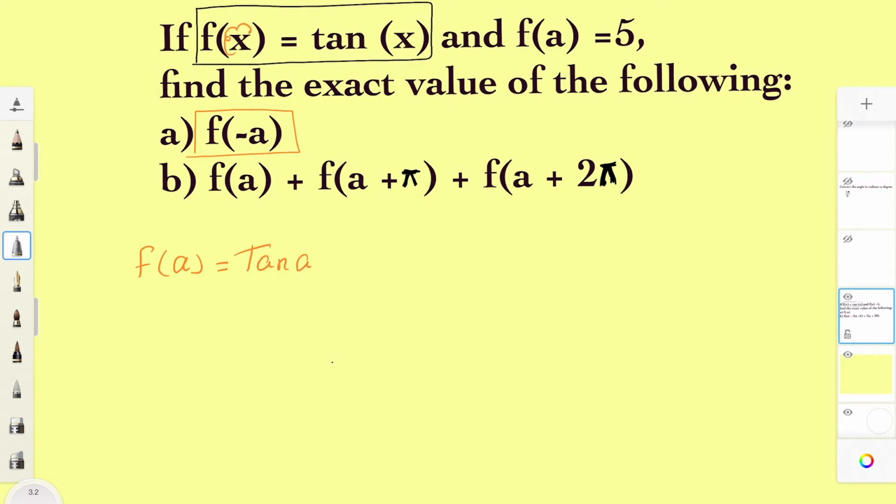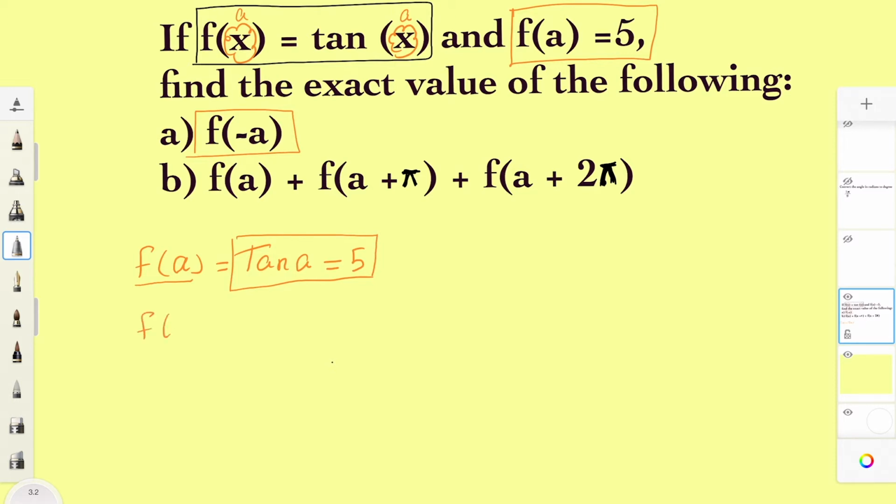Here we have x; if I change this one to a, I have to change the other one to a as well. But the value of f of a is 5, so tangent of a equal to 5.